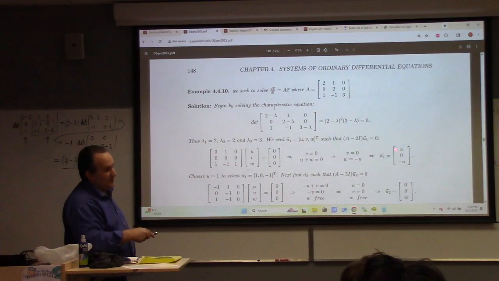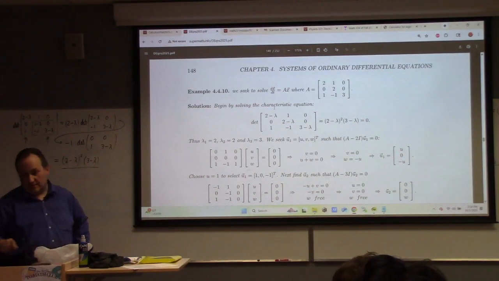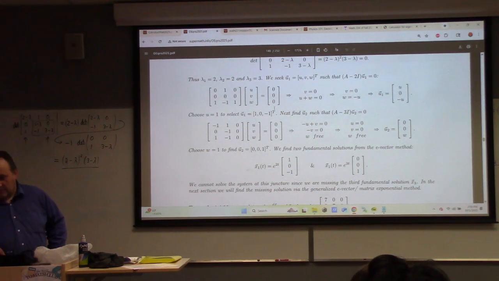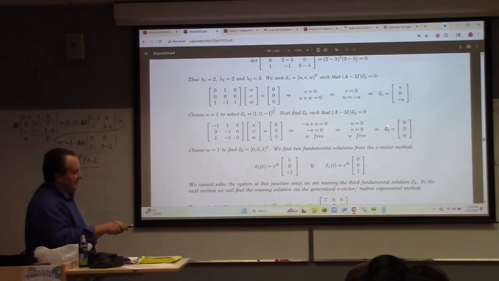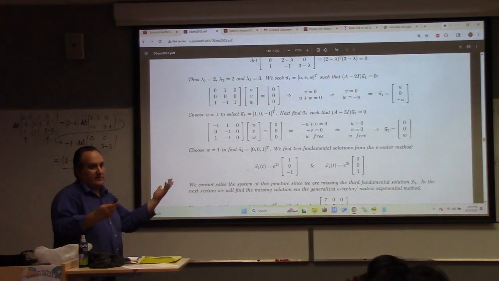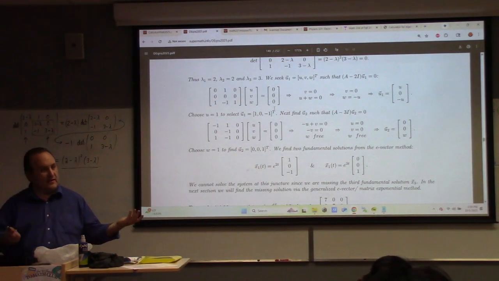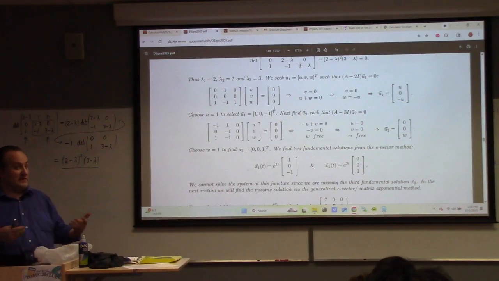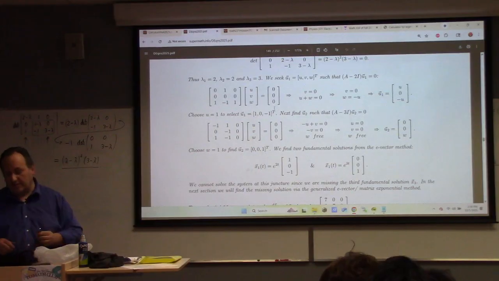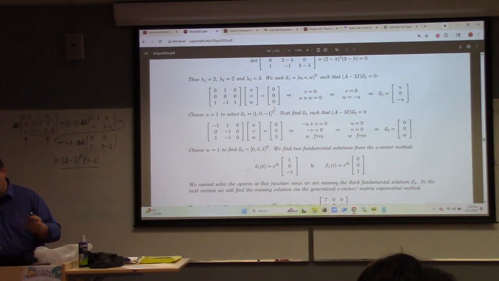Put u equal to 1; 1, 0, minus 1 is the token eigenvector. That's all I can get. Then I look at eigenvalue 3, and I get another eigenvector. So I only get these two eigensolutions. What gives? It's a 3 by 3 problem. I can't solve it with eigenvectors. So there's something missing to this story we haven't covered yet, something other than eigensolutions that we need to learn about.